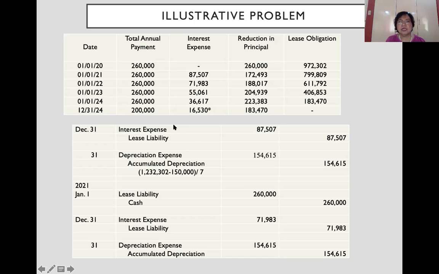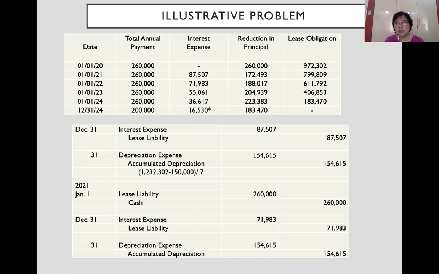Hence, our entry for the accrual of interest is the same as our entry in illustration 1. This one, $87,507, although to be paid, applied to interest on January 1, 2021, will have to be accrued at December 31, 2020. So we debit interest expense, credit lease liability.